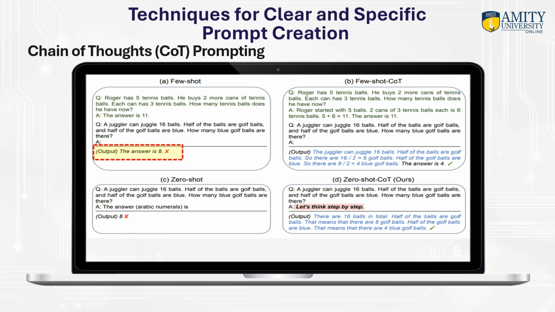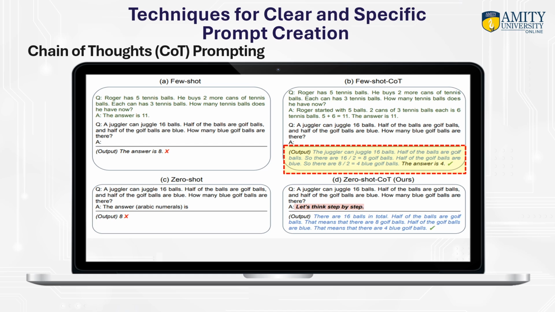But if I ask the same question giving the step-by-step reasoning, in combination with few shot learning, I can combine the chain of thought prompting, then you see it has given you the correct result, because now it has broken down your problem into steps, and with those steps it has responded, and now it has given you the correct answer.